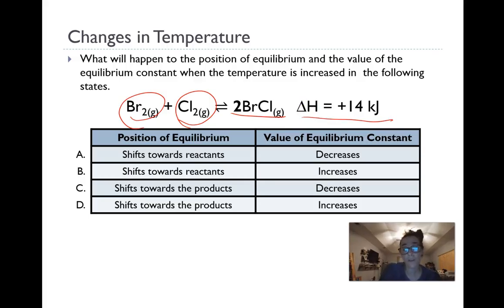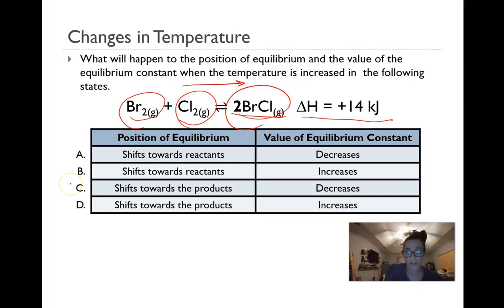So if we increase the temperature, to something that absorbs heat, right, it is going to want to shift to the right in order to absorb the excess heat. It's endothermic, so I'm going to make more bromine chloride product whenever I increase the temperature. So the position of equilibrium is going to shift towards the product.